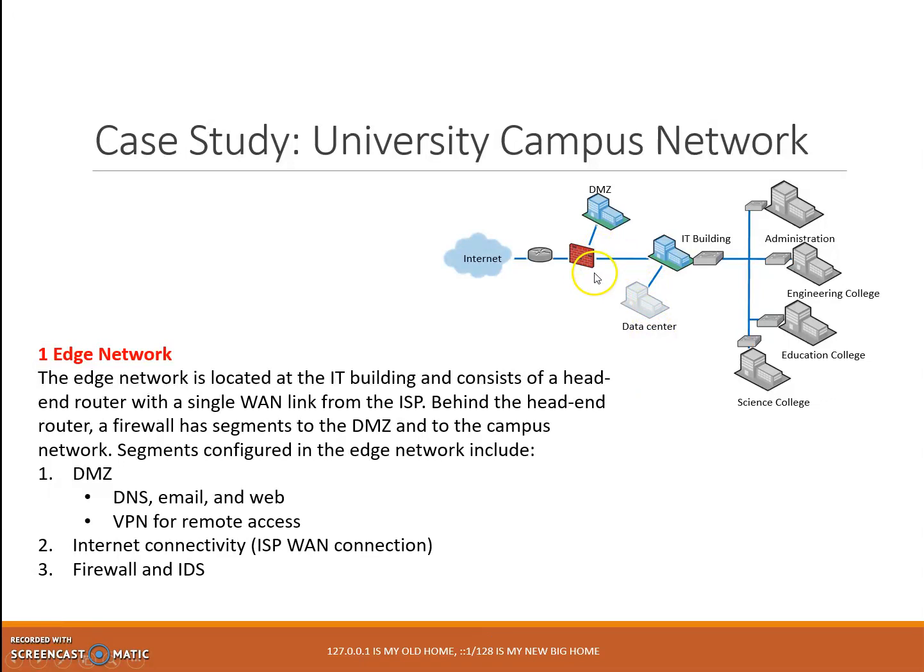Segments configured in the edge network include DMZ, which includes DNS, email and web, and also VPN for remote access. And also the segments of the edge network include the internet connectivity and firewall and IDS, which is intrusion detection system.